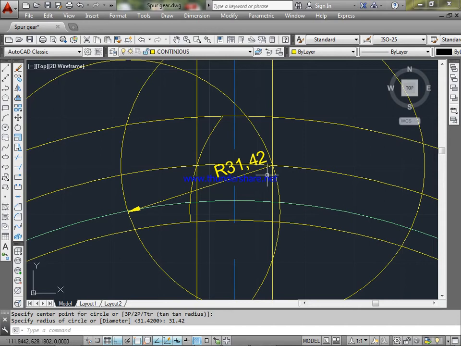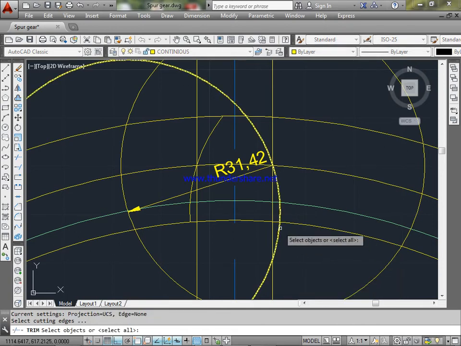Okay, the other side of the tooth is partly completed, not fully. Then erase the unnecessary lines.